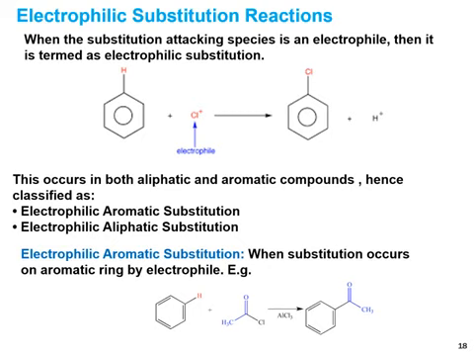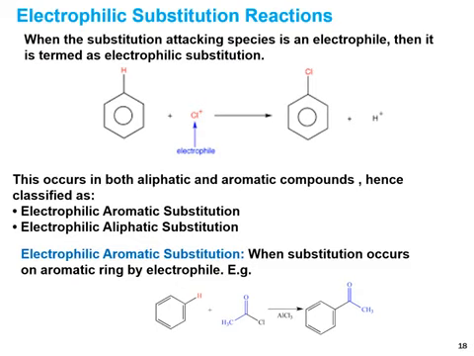Electrophilic substitution occurs in both aliphatic and aromatic compounds. So on this basis, it is further classified into two classes: electrophilic aromatic substitution reaction and electrophilic aliphatic substitution reaction. When a substitution occurs on the aromatic ring, then it is called electrophilic aromatic substitution reaction.